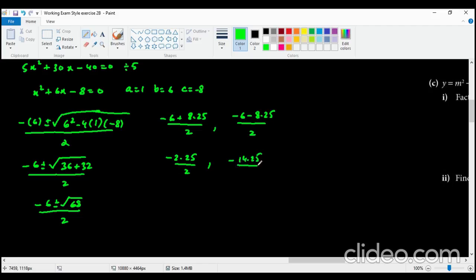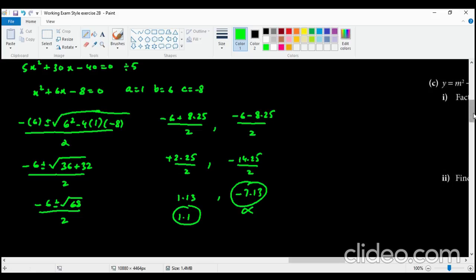So once 2.25 is divided by 2, it's going to give us 1.13, and this is giving us negative 7.13. This is not acceptable. Negative values in the length cannot be accepted. So positive 1.13. So we can write 1.1 as an answer for this question.